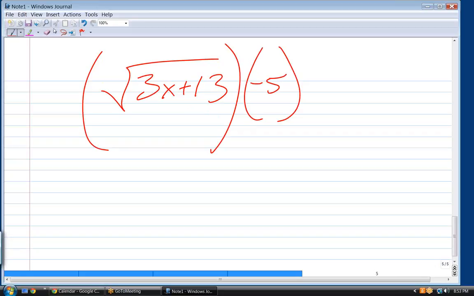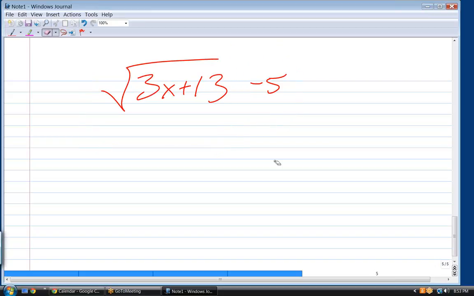Well, it then wouldn't make sense if I wrote it like that, unless it's just minus 5. In other words, the square root of 3x plus 13 minus 5. That makes sense. Okay. And then all that is set equal to x. Okay. Yeah, no, I get it now.